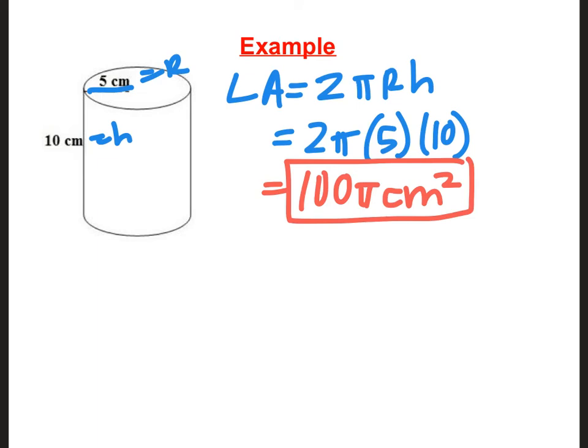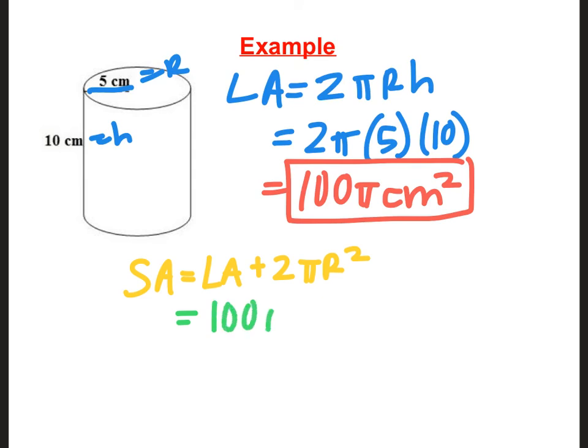We need to also find our surface area. Remember, your surface area equals your lateral area plus 2 pi r squared. We already found our lateral area, so we have 100 pi plus 2 pi times 5 squared.